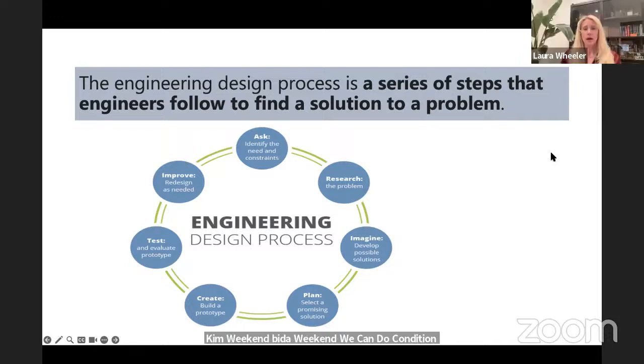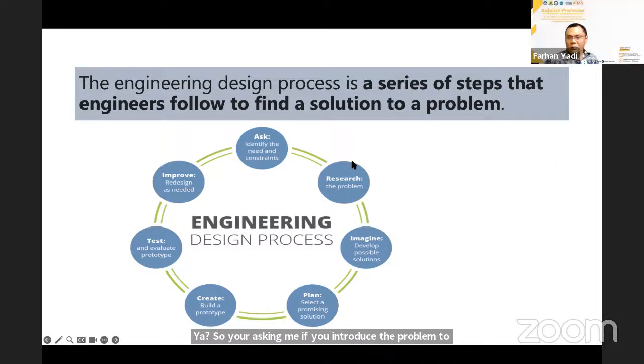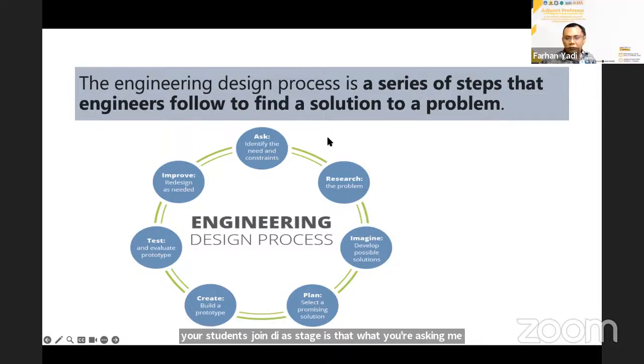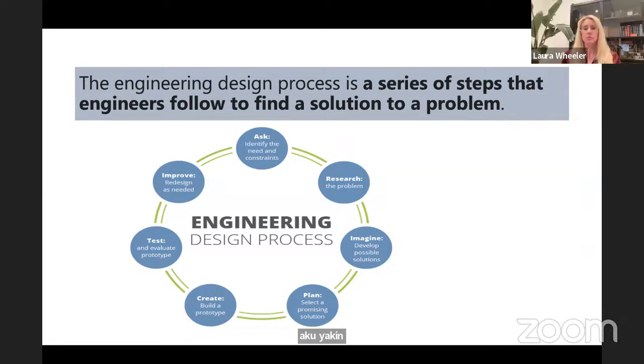Yeah, so you're asking me if you introduce the problem to your students during the ask stage. Is that what you're asking me? Yes, this is my question. Yeah, so we would introduce the problem during the first stage. And we want that problem to be authentic.